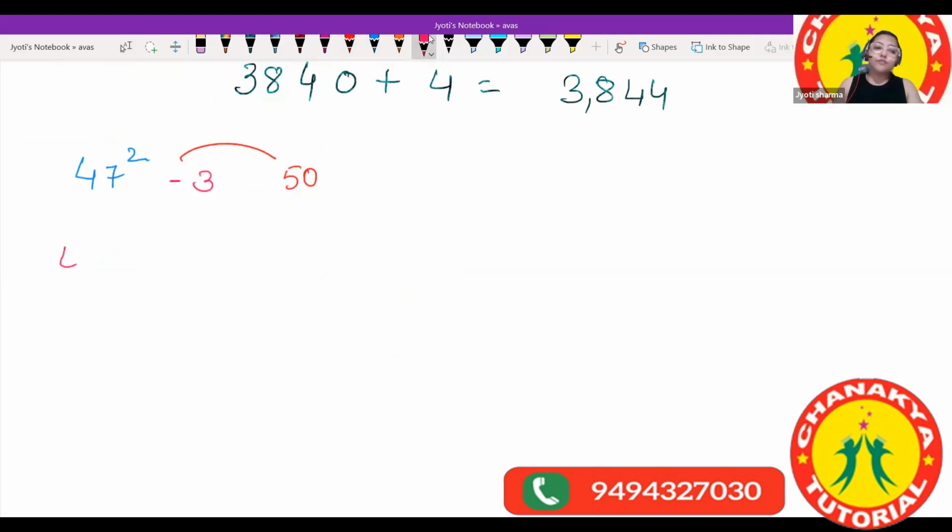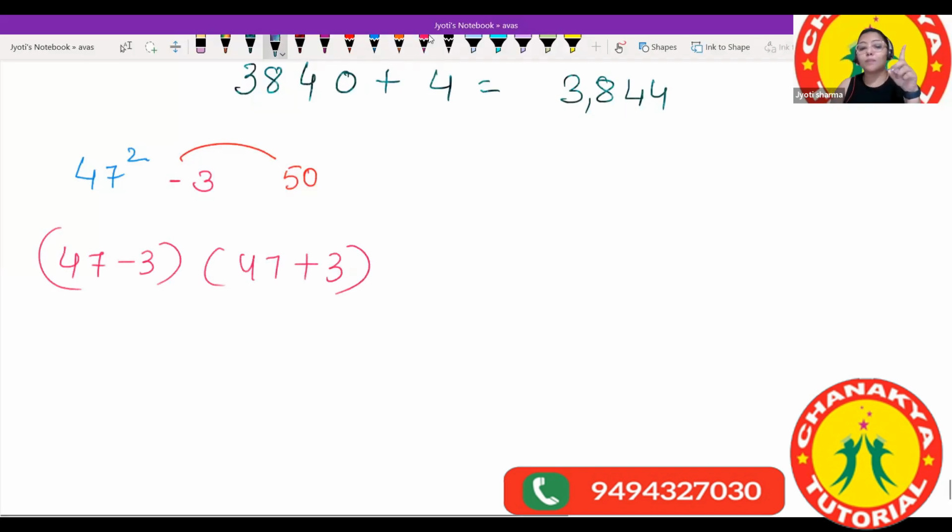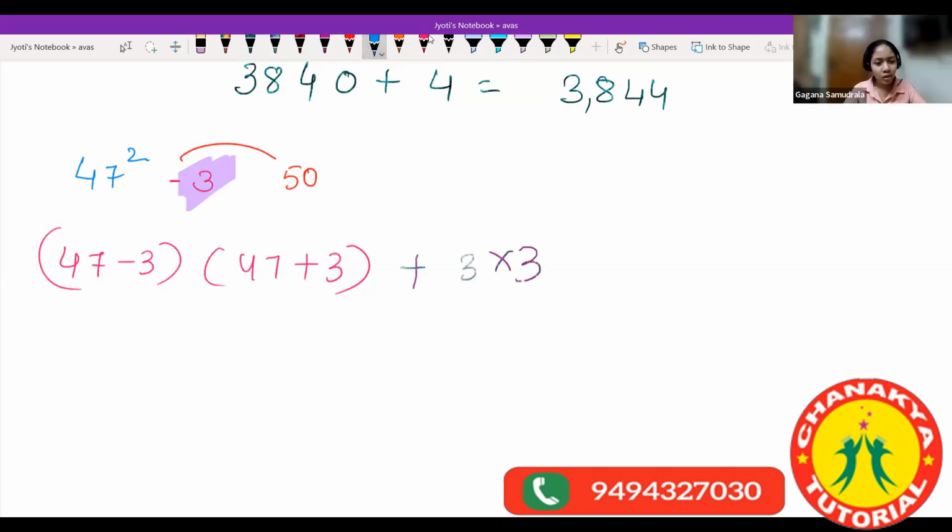So 47 minus 3, 47 plus 3. Simply, whatever the difference, one time add, one time subtract. Plus, which square you will take this time? You have to take the square of this difference. So 3 into 3. Understanding? Getting my point? Yes, ma'am. So, ma'am, then also we should add here or subtract?